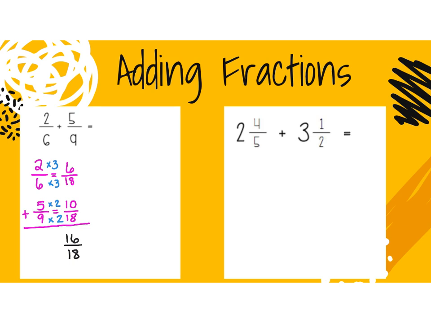I know that 16 and 18 are even numbers, so they can both be divided by 2. 16 divided by 2 is 8, and 18 divided by 2 is 9. 8/9 is in its simplest form, so that is my answer.